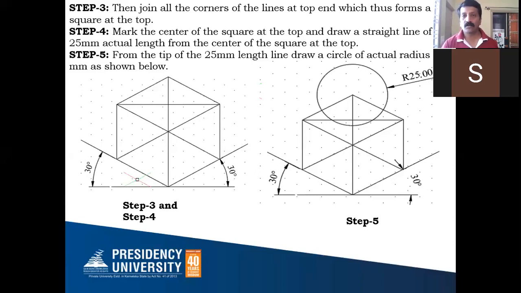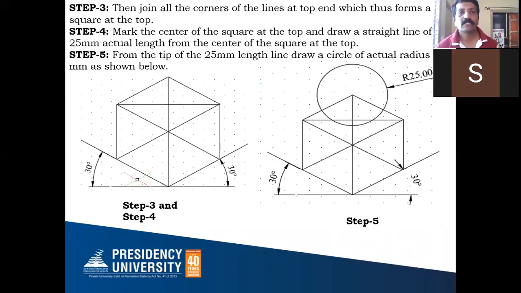And one important note here: only for the sphere, while drawing a sphere, you have to draw the actual scale of the sphere, not the isometric scale. Except the sphere, for all other drawings we have to take the isometric scale only, because the ball, in whichever angle you tilt it, looks like a ball only. So there is no reduced length you are going to get.